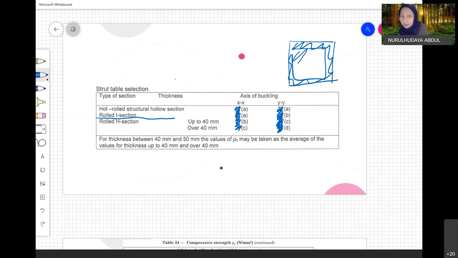When roll H section, since T is 31.7 mm only. You tengok dekat sini, obviously dia ada up to 40 mm and over 40 mm.